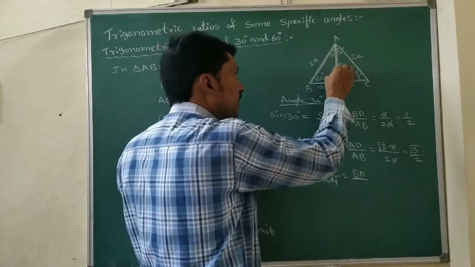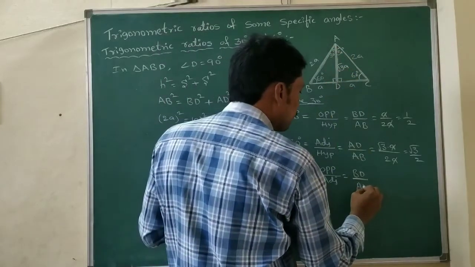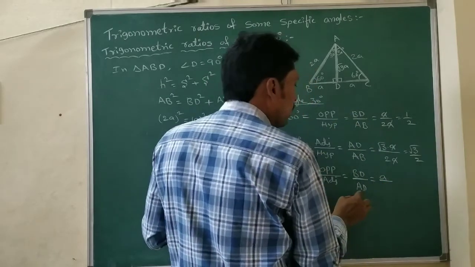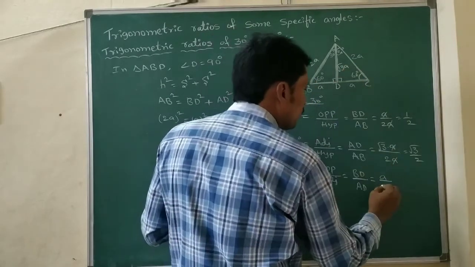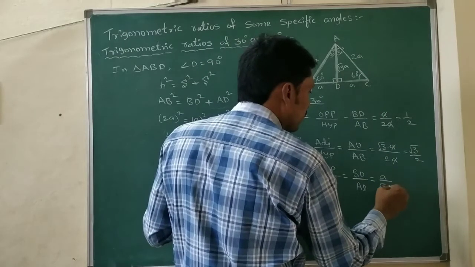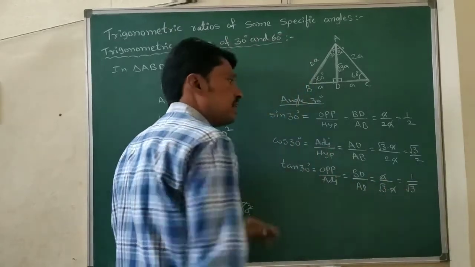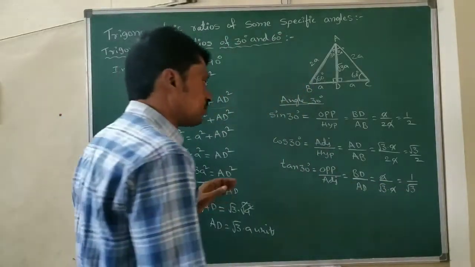What is adjacent? AD is the adjacent. So BD value we know is A units. AD value we now got is root 3 into A. The A's get cancelled, means 1 by root 3. So tan 30 equals 1 by root 3.